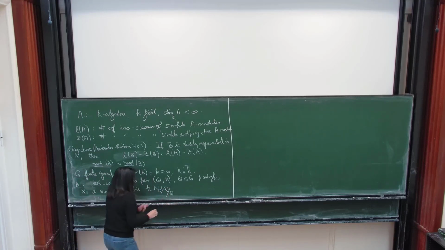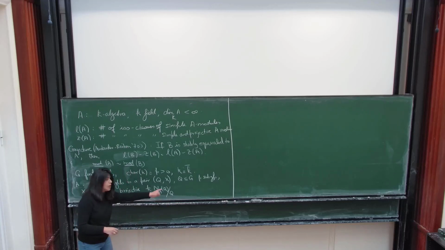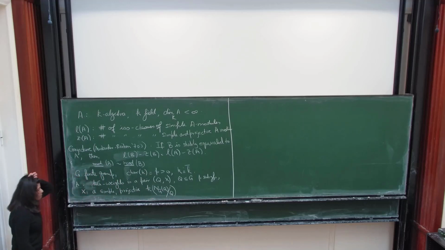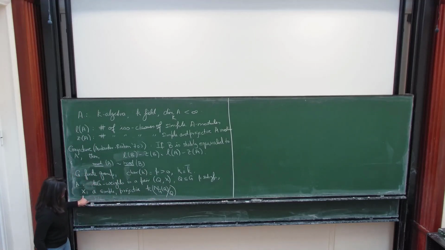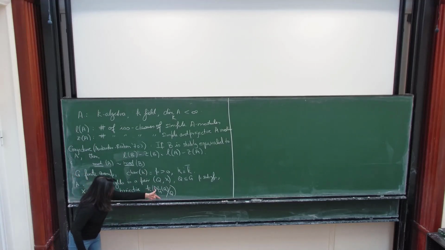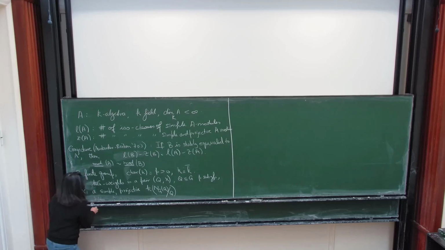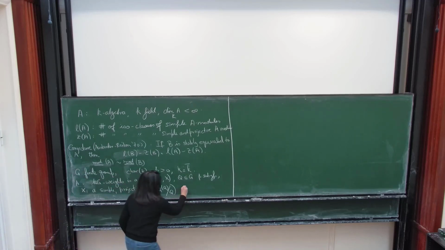That is, you take the normalizer in G of Q, you mod out by Q, and you now consider modules for this finite group algebra which are simple and projective. Those are called weights. And there's a natural notion of equivalence, so we consider weights up to equivalence.